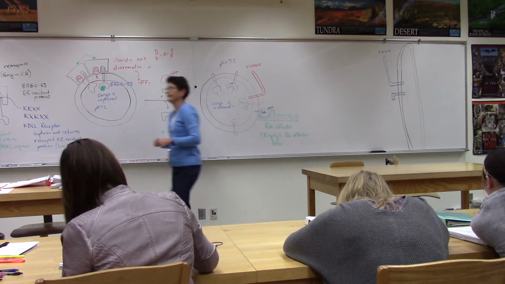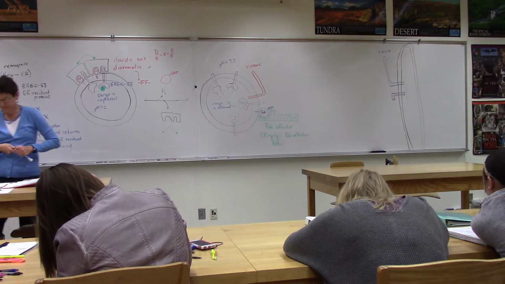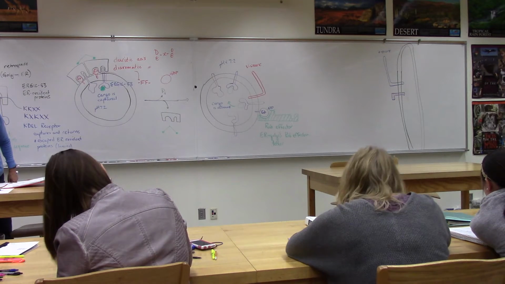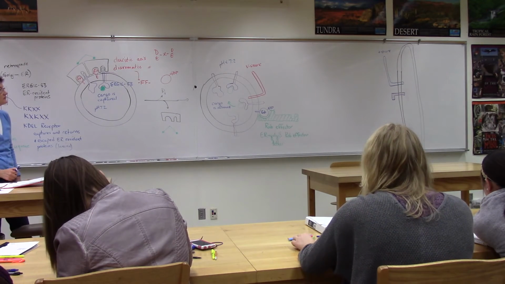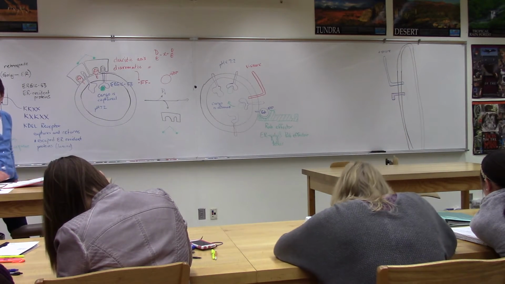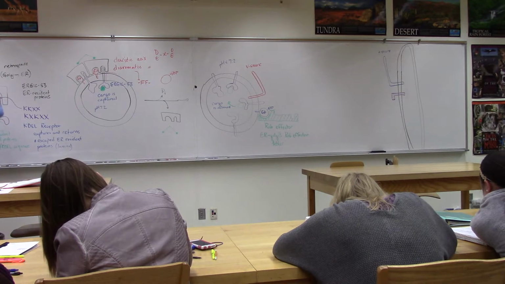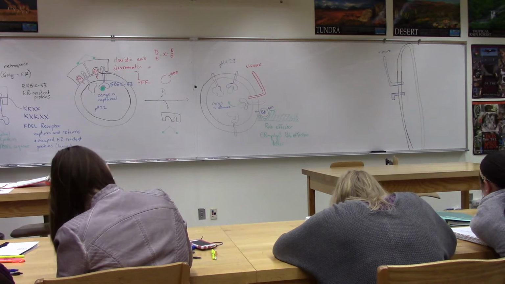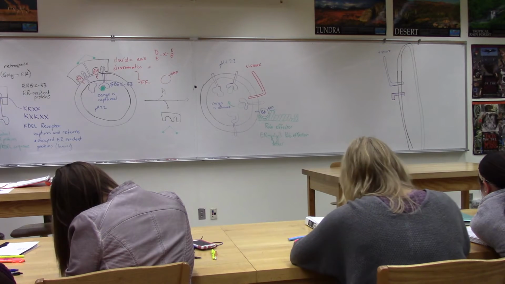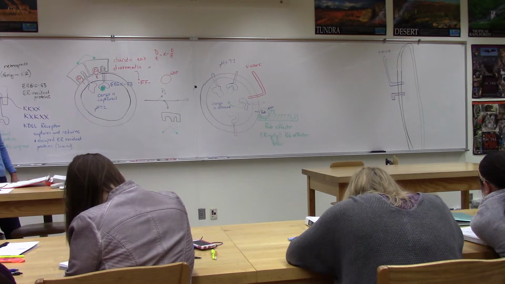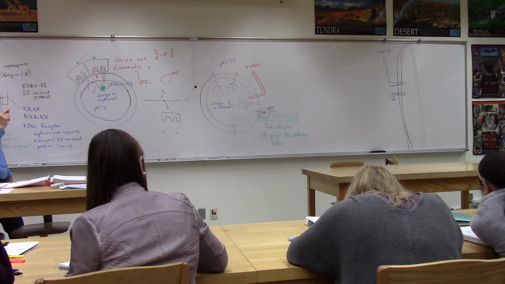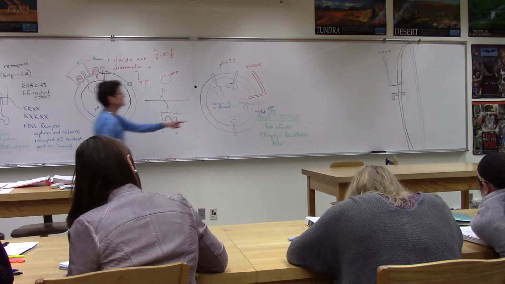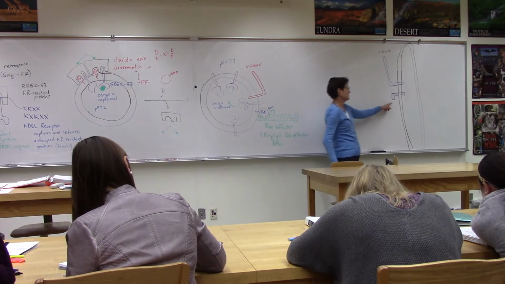Maybe call this a RAB effector receptor. Ready? Does that make sense so far? And so the RAB effector is going to come in contact with this protein.